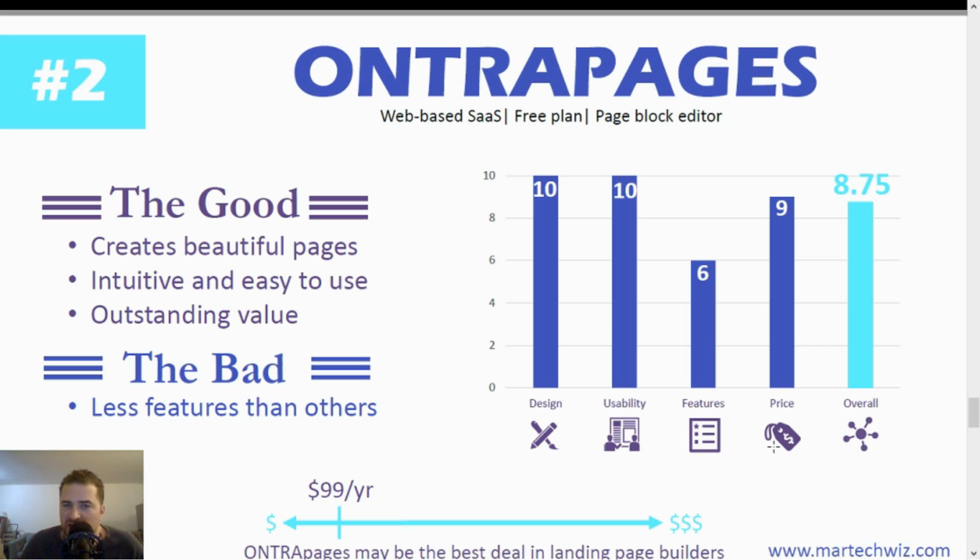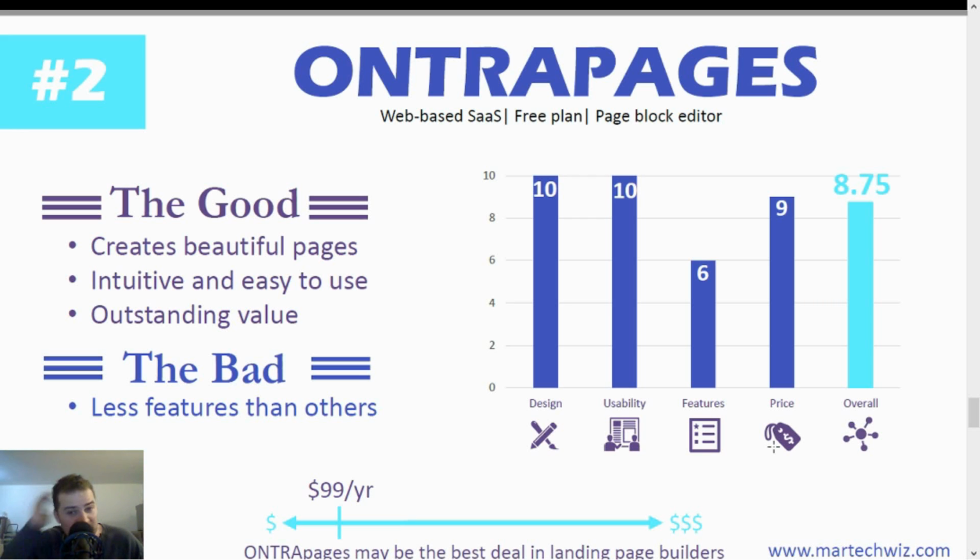The pages look great. You can use a page block editor. The design and the fonts and the pictures just all come together to create great pages, super easy, with a lot of flexibility in terms of what page blocks you want, what you don't. It's like any page block system, intuitive, very easy to use, and just an outstanding value for that $99 a year.